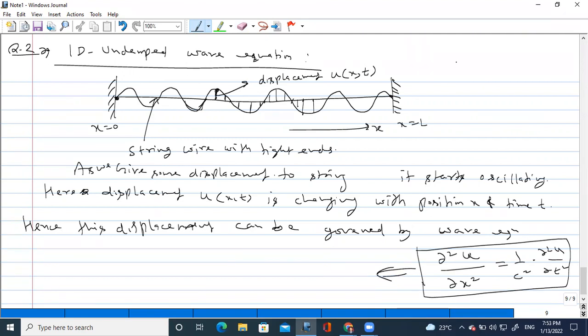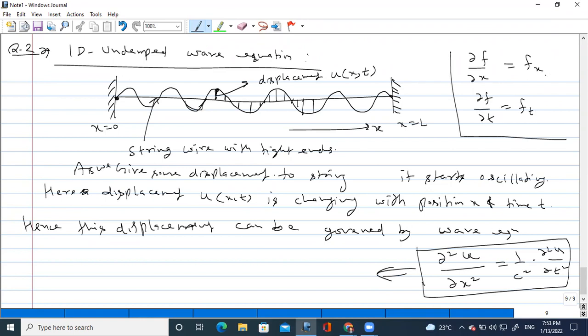Here I will tell you one more thing. If the differentiation is ∂f/∂x, partial differentiation, that can be written simply with f and the subscript small x. That is the meaning of ∂f/∂x. If it is ∂f/∂t, we can write it f_t.